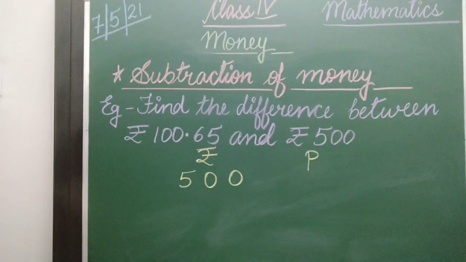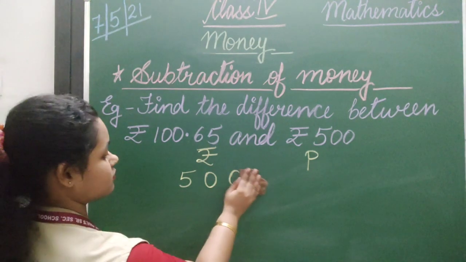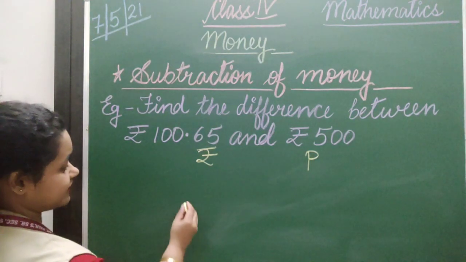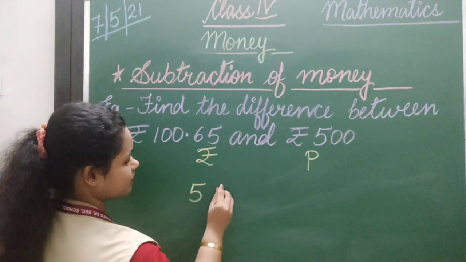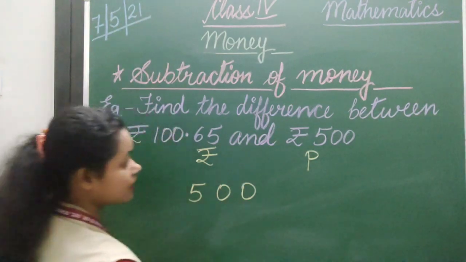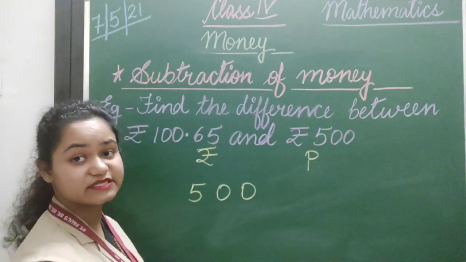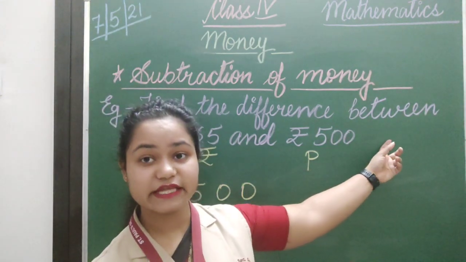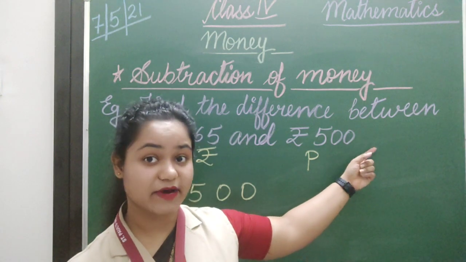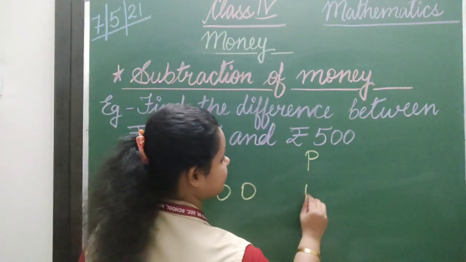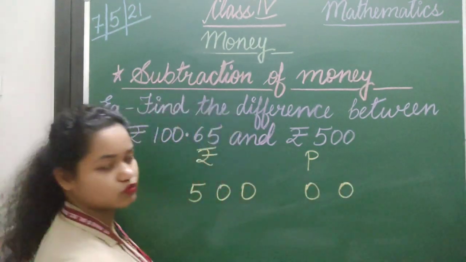Now, here leave a little space and then write 500. Since the point is not given, it means we don't have the paisa part in this particular number, so we are going to put 2 zeros, okay?